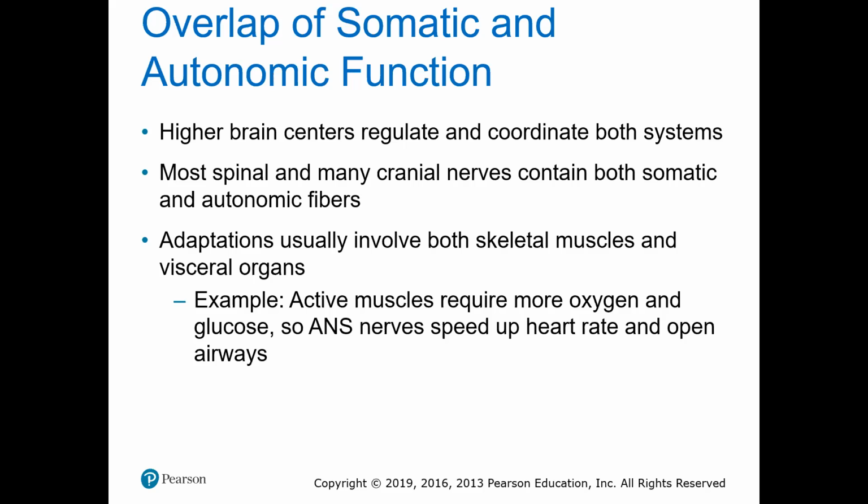For example, if we are engaged in some physical strenuous activity using skeletal muscle, that skeletal muscle is going to need more oxygen, more glucose. We're going to need a higher heart rate.